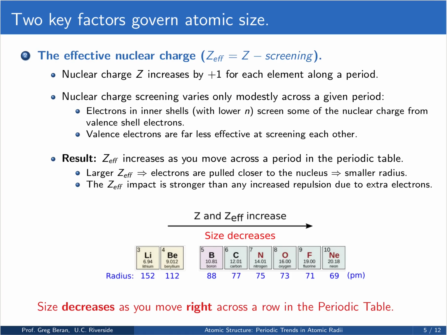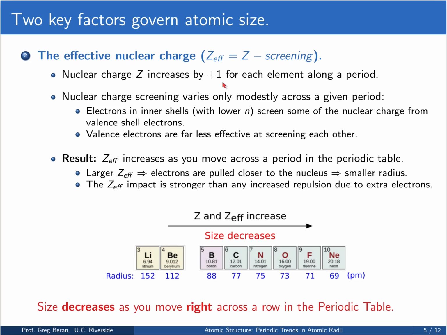The second factor is the effective nuclear charge felt by the outer electrons, Z effective. Z effective is the difference between the total nuclear charge and whatever screening of that charge occurs due to the other electrons. The total charge Z depends on the atomic number, but of course the valence electrons typically only feel a fraction of that charge because much of it will be screened by the other electrons. Now as we move right across the periodic table, the nuclear charge Z is going to increase by +1 for each element.